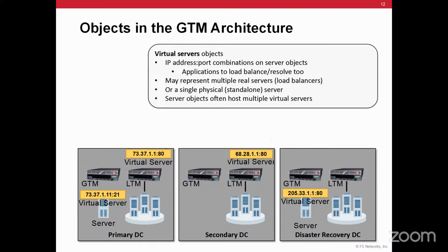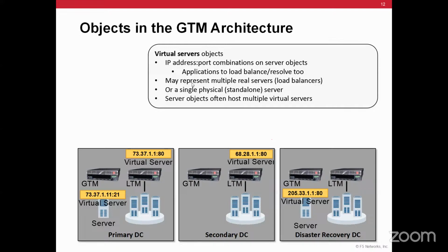Why it is necessary is that when you add this server and port, GTM knows, and you can also apply a health monitor on that. So now GTM can do a health check on that server and port. It's more of an advanced health check, like TCP or HTTP, to decide if the backend server is up or down.